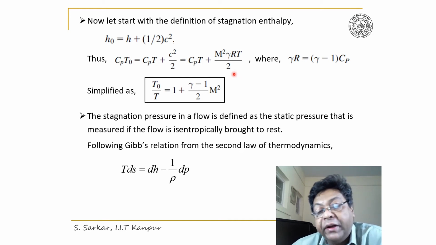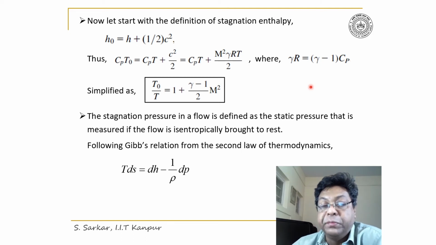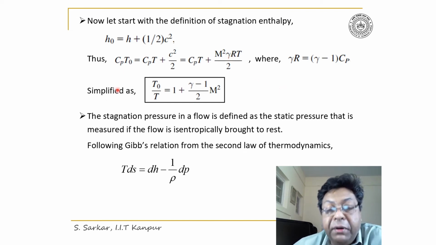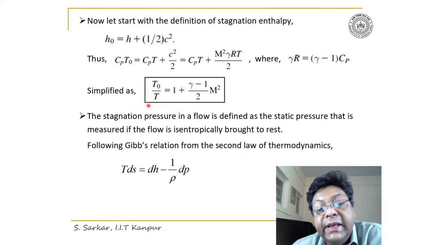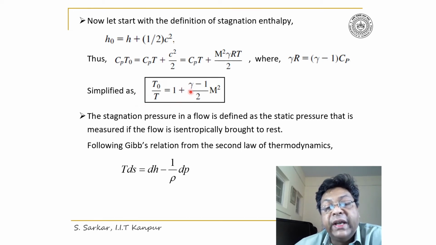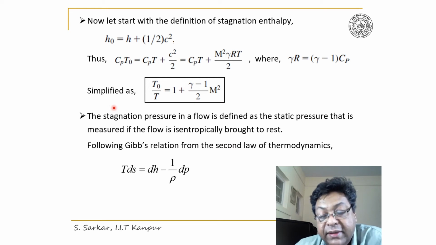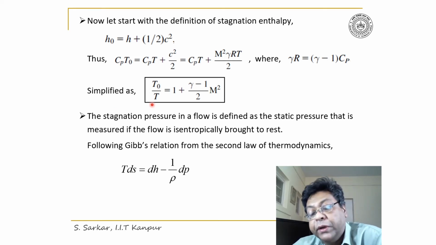Now using a perfect gas relation, gamma R can be written as gamma minus 1 into Cp. Thus, substituting and simplifying, I get T0 by T is equal to 1 plus (gamma minus 1) by 2 M squared. This is a very important relation that gives the ratio of stagnation to static temperature with respect to the Mach number.